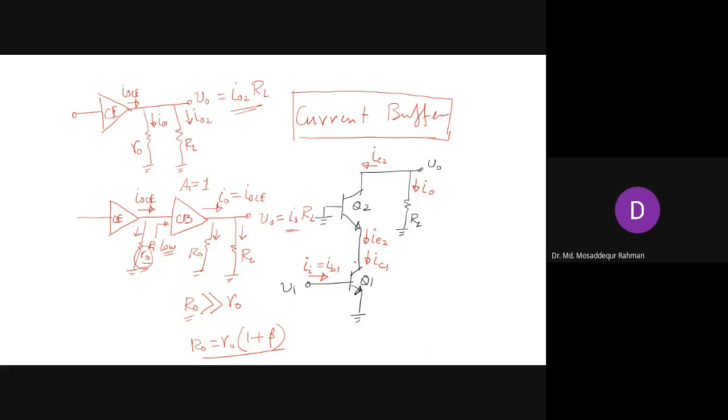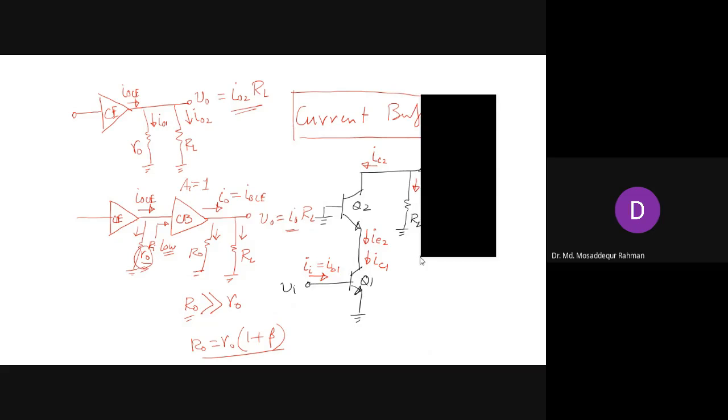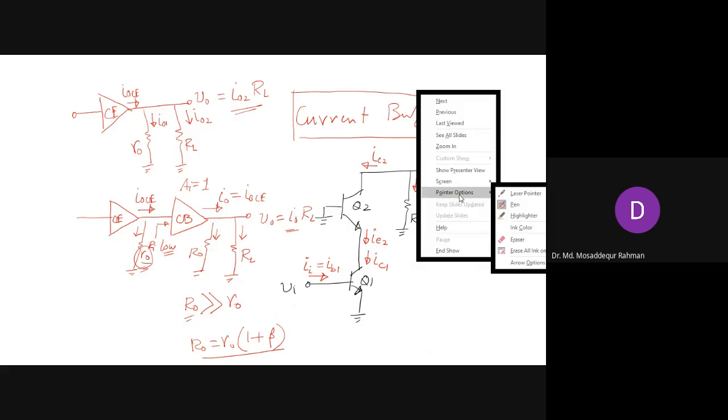So that's how we can express the different current components, and it's pretty straightforward to determine the current gain.